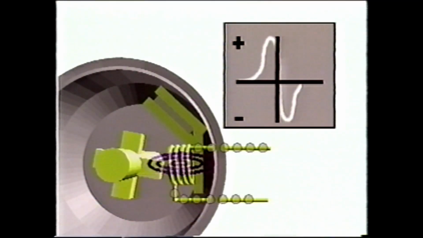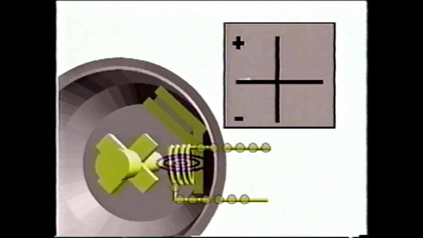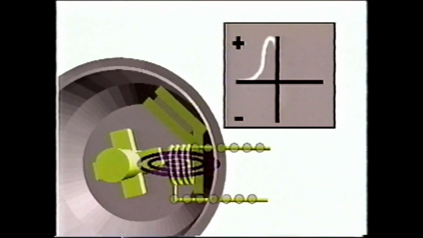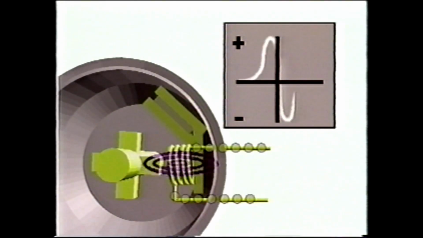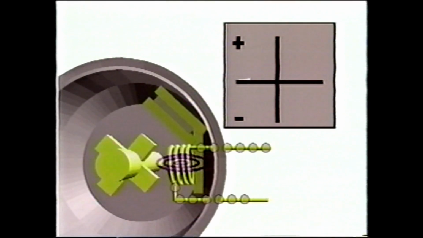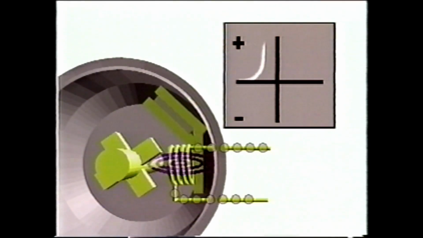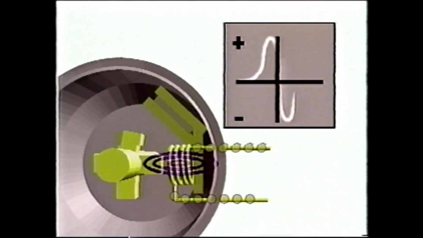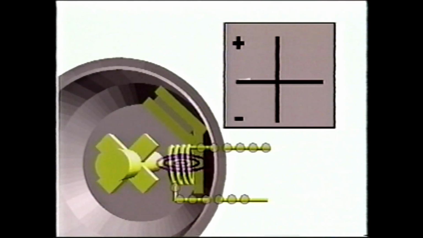Our first example is the variable reluctance magnetic sensor, which generates an analog signal by varying the reluctance of a magnetic field. The sensor has a magnetic pole piece or reluctor wheel and pickup coil mounted near a rotating metal wheel. The wheel accepts magnetism readily, but does not retain it.